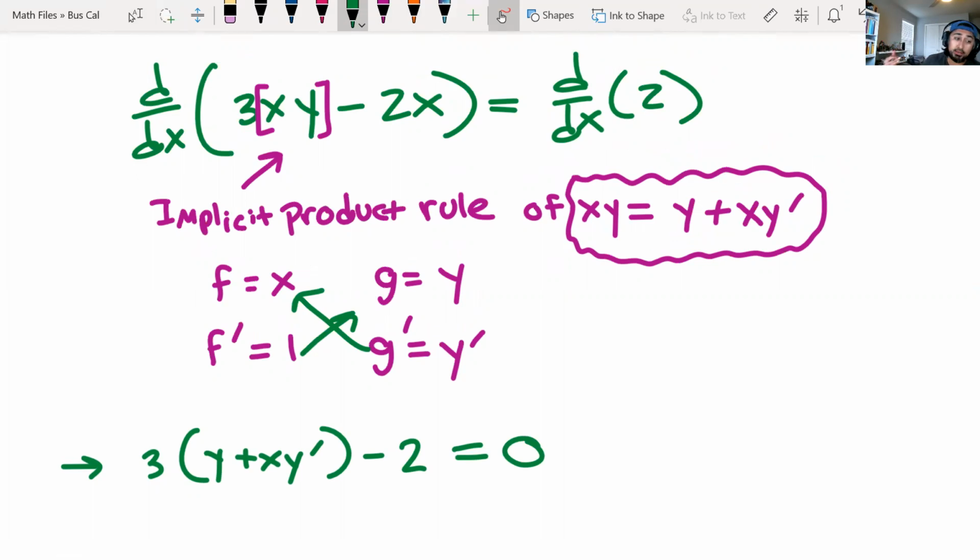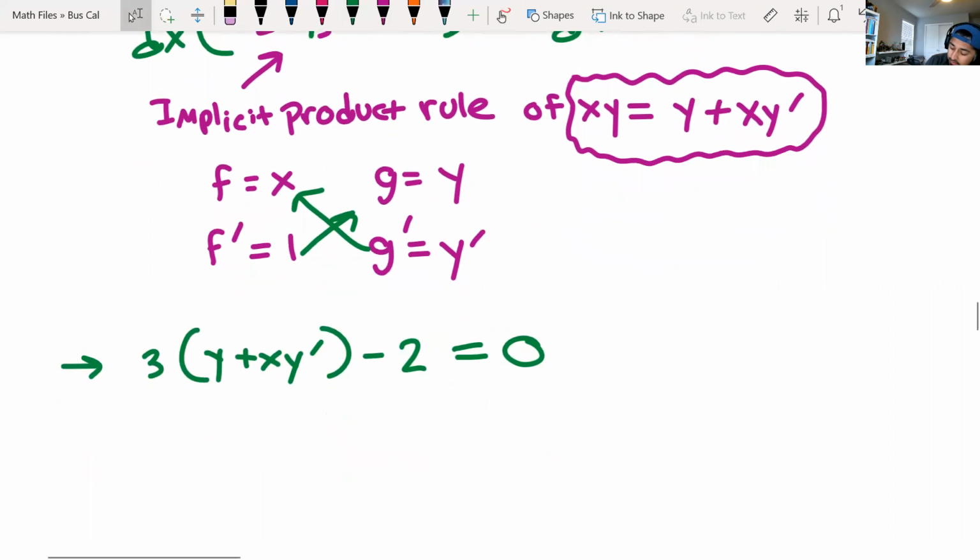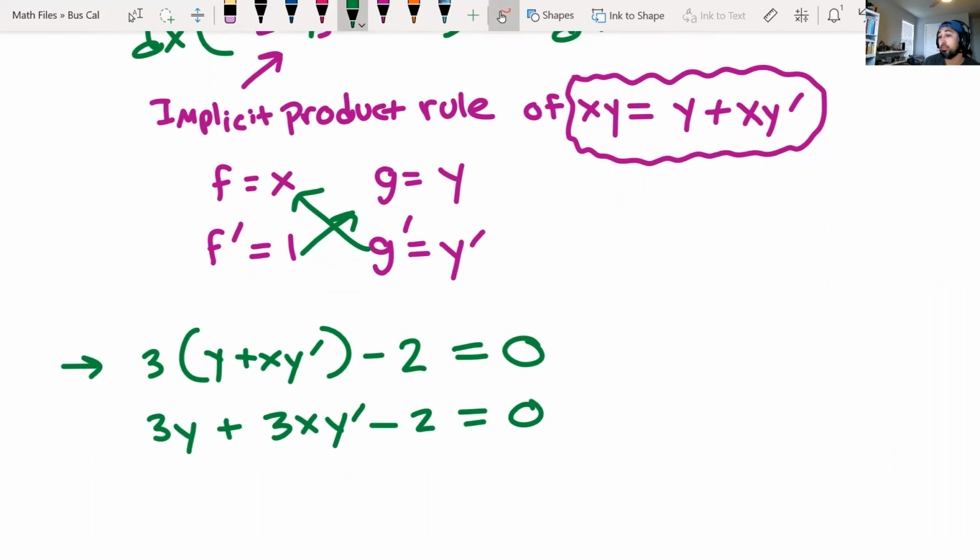The derivative's done. All we have to do now is solve for y prime. So go ahead and distribute that 3. 3y plus 3xy prime minus 2 equal to 0.